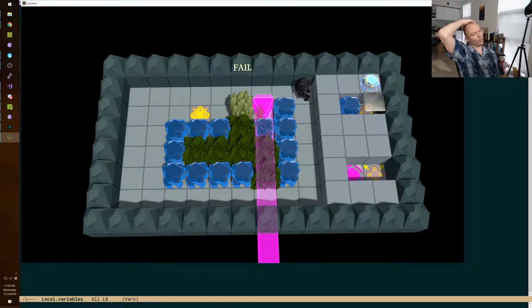We changed the endpoint beam rules a little bit, but okay, wait. I don't think that was very recently.